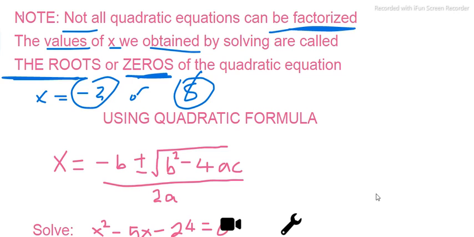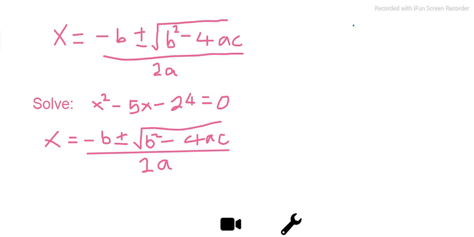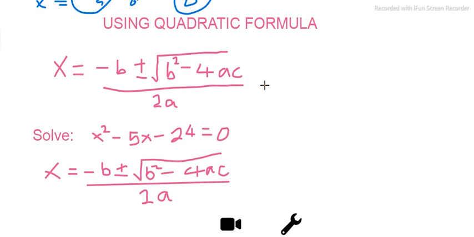Now we look at another method of solving quadratic equations. This is by using the quadratic formula. As you can see on the screen, the quadratic formula is given as x equals -b plus or minus the square root of b squared minus 4ac, all over 2a.